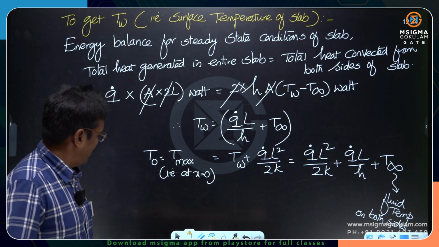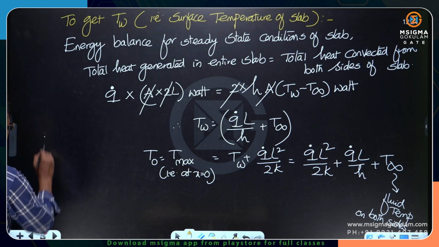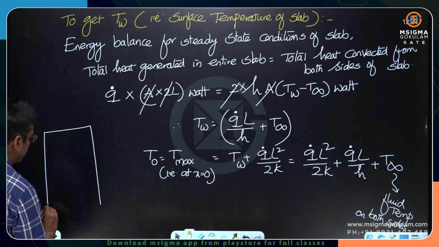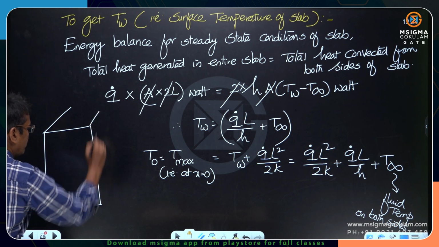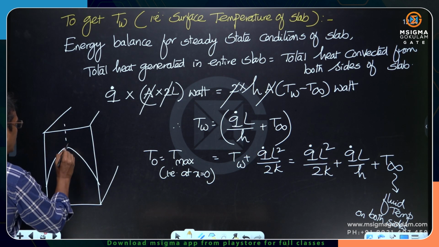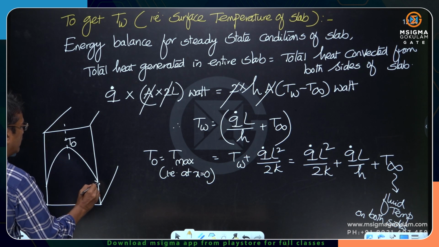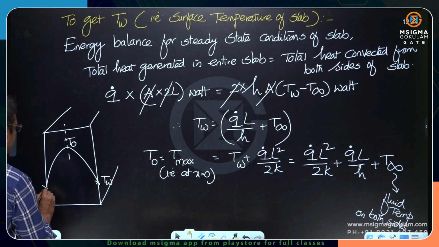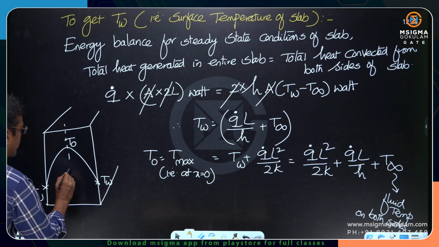So now we have the temperature distribution inside the slab, which is symmetric, where we see the maximum temperature at the midplane. We know how to calculate the maximum temperature.